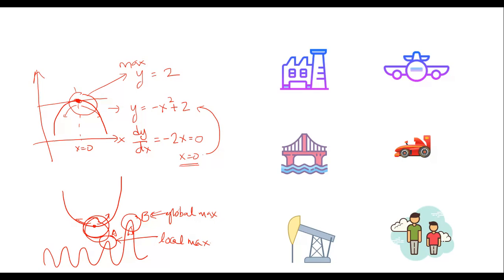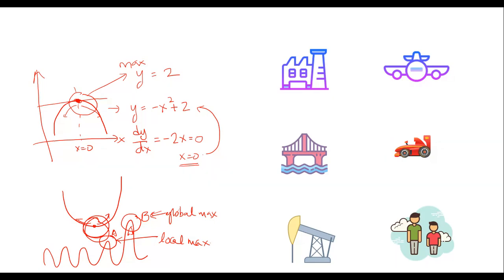If you are able to transform your real world problem into a mathematical formulation, you will only have a function, and a function you can always write in terms of y and x, for example. y and x are two different variables put together. This is just a simple concept. For now we are not talking about multivariables like x1, x2, x3. We just assume we are talking about two variables only, the dependent variable y and the independent variable x.